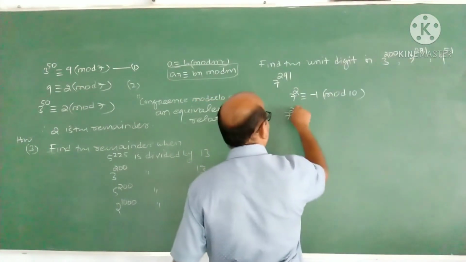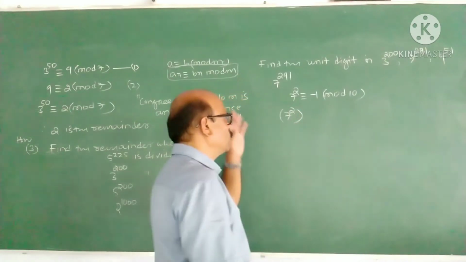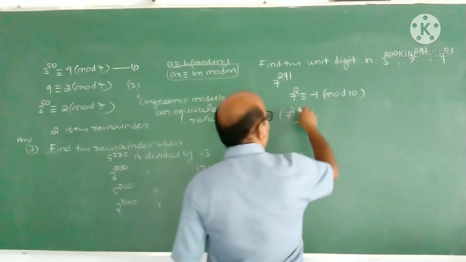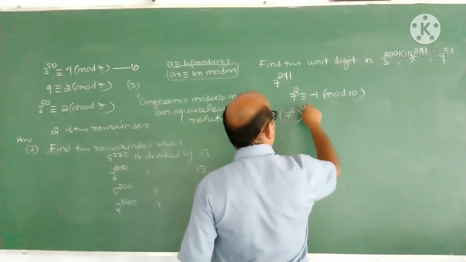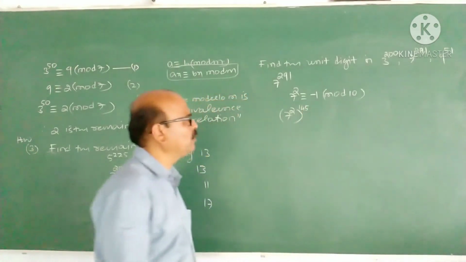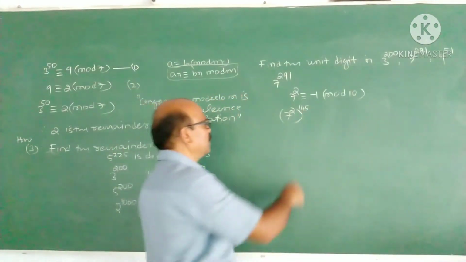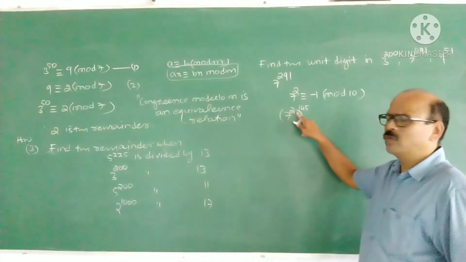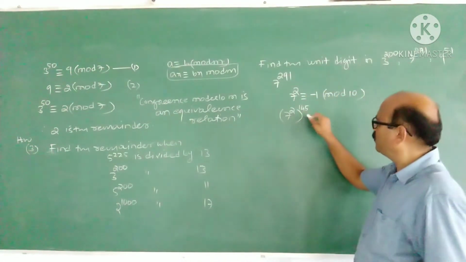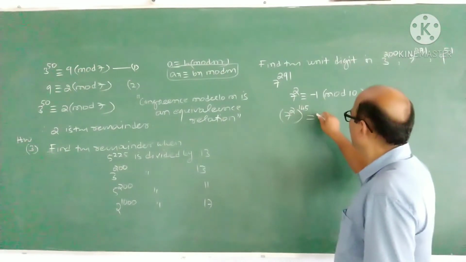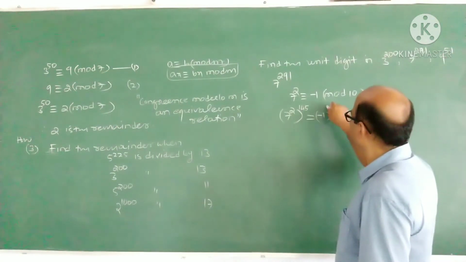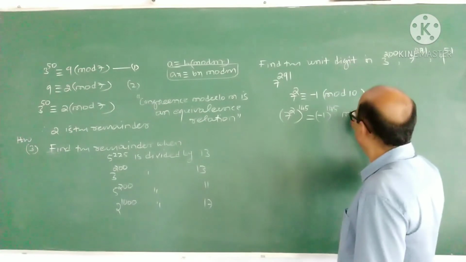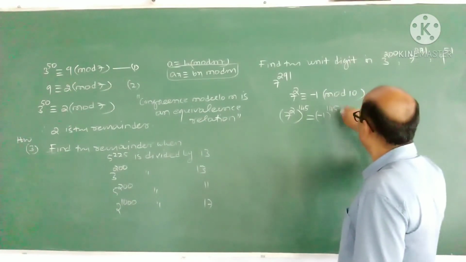Now, I consider 7 square raised to, is it 145? If you take 145, it becomes 290. 7 square raised to 145 becomes 7 raised to 290. So, I take 7 square raised to 145 is minus 1 raised to 145 mod 10.